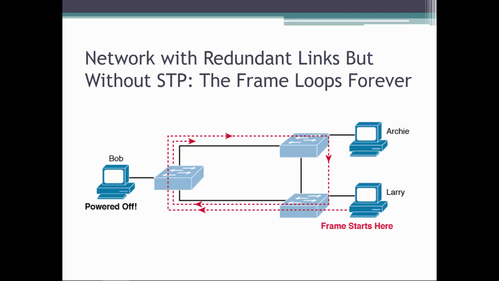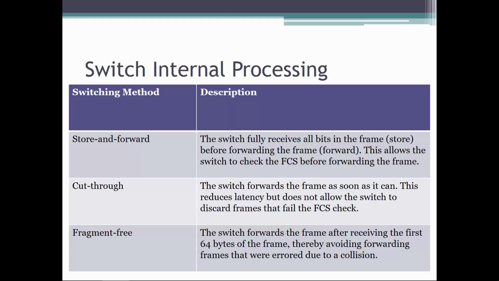We have the ability to take out things such as STP or spanning tree protocol, and that is if we have a switching loop, we have the ability to prevent that loop by turning off specific interfaces. That way, a loop doesn't occur.